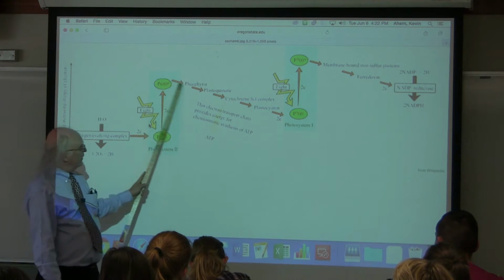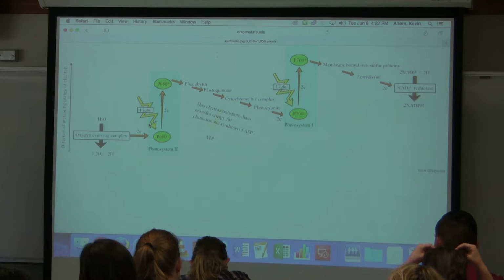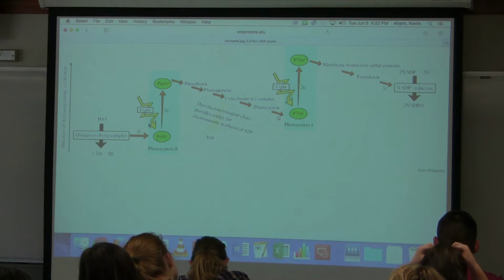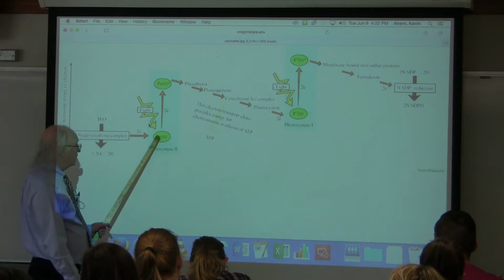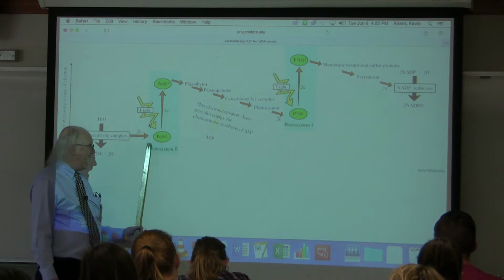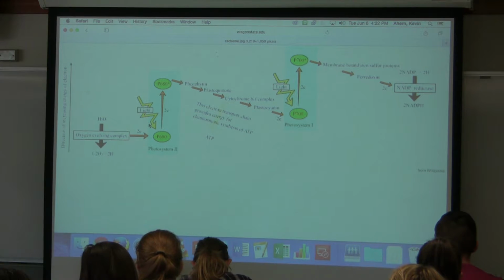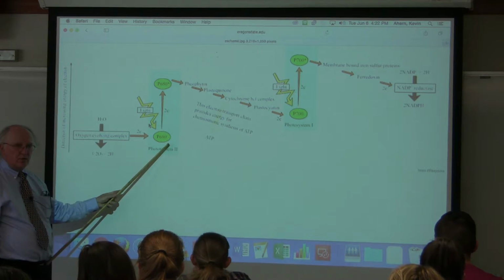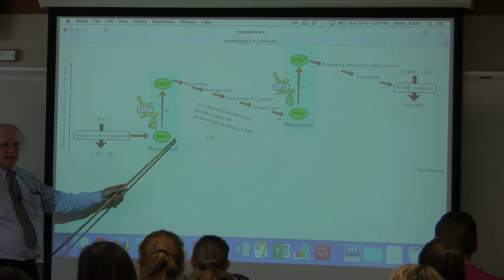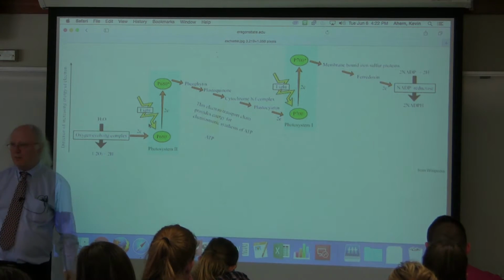And these electrons are ready to go this way. Now there's a hole of 2 electrons right here. Well, that's a big hole. Electrons, as you know, are reactive, and the absence of electrons makes this reactive as well. So what happens is this guy right here pulls 2 electrons from this oxygen evolving complex.